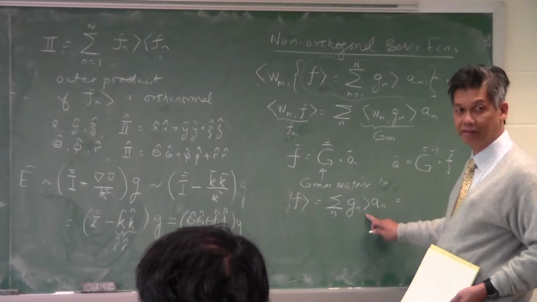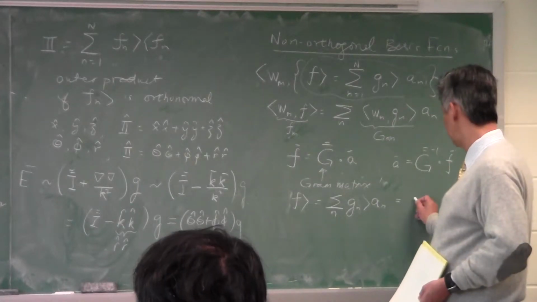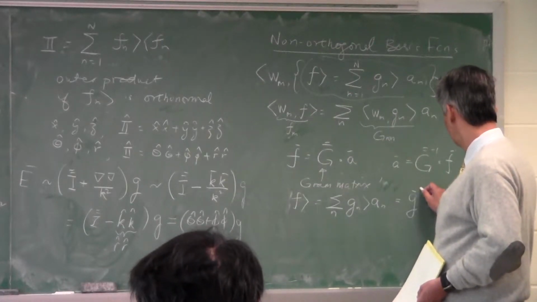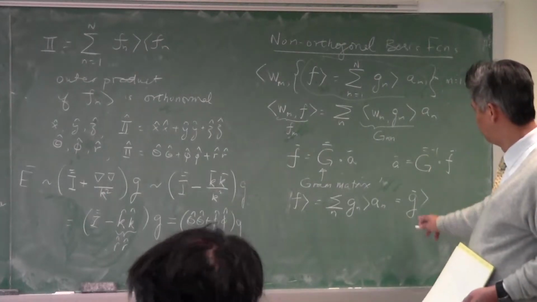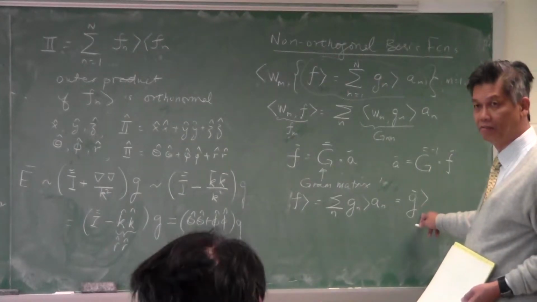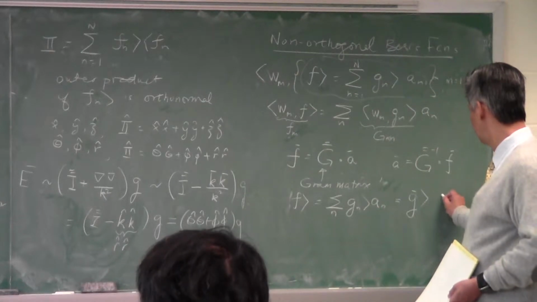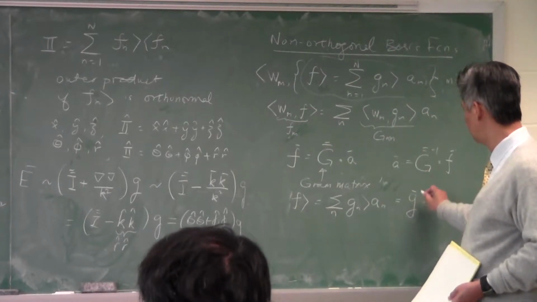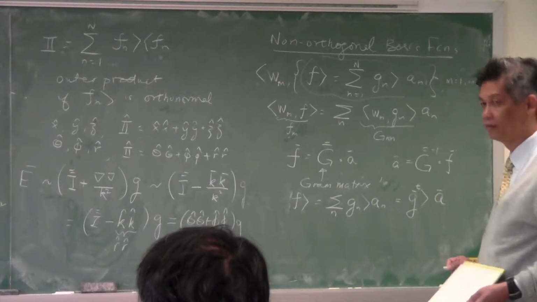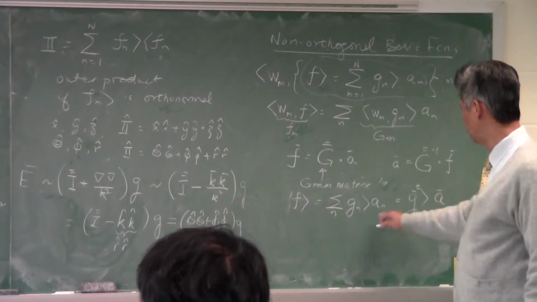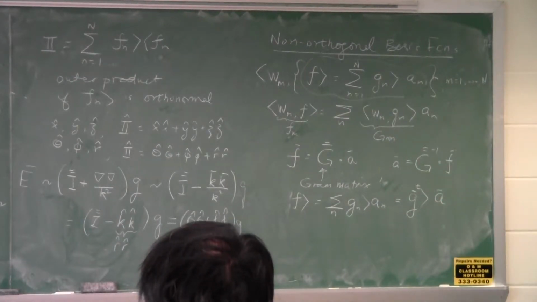I can put all of this into a vector and write this as a vector within a vector. So this is a column vector dotted with A, another column vector. I can call this a transpose vector, so that when this is multiplied with this, I get this back.